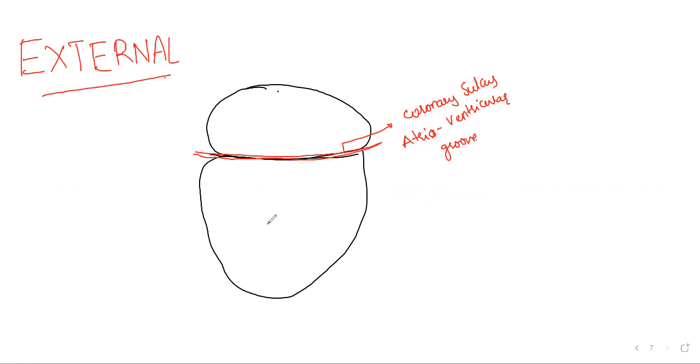Then the 2 ventricles are separated by the interventricular groove. Here also you can see a groove; outside also you can see a line showing that there are 2 ventricles inside. There is an atrioventricular groove, and an interatrial groove can also be expected here.